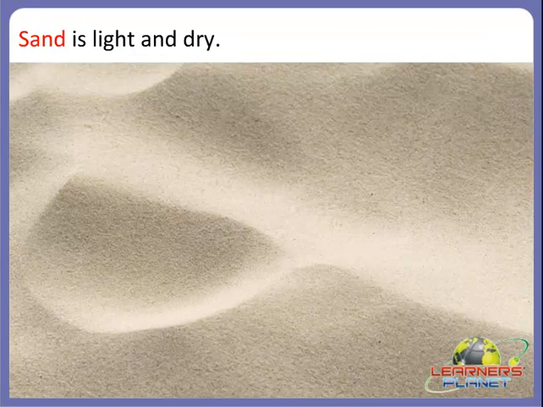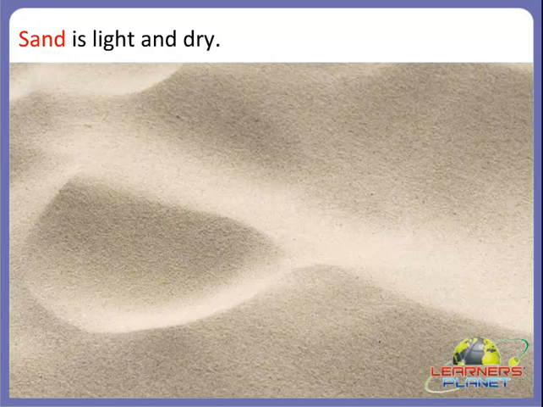The second main type of soil is sand. So this is a picture of sand. Sand is very light and dry, and because of this property, water passes easily through this kind of soil, as the particles here are very coarse, right?